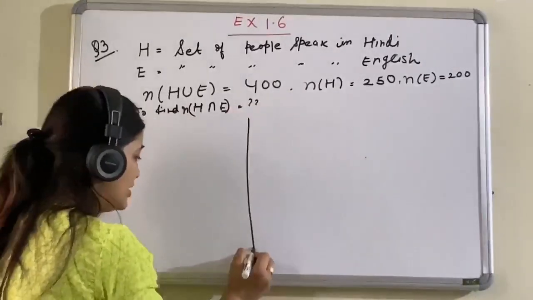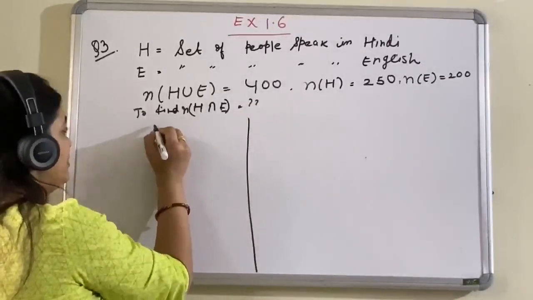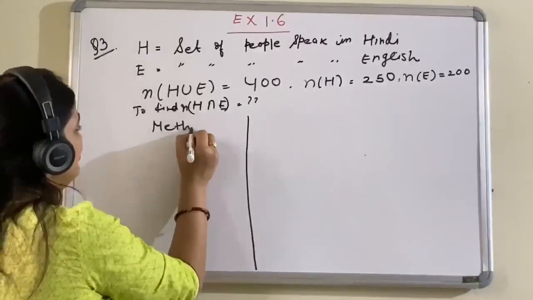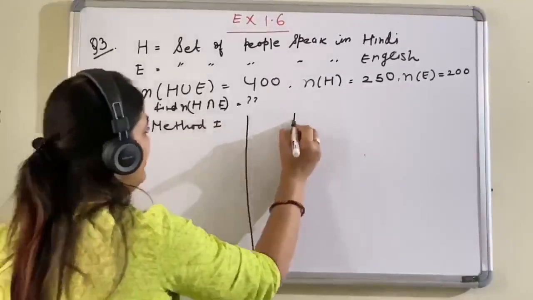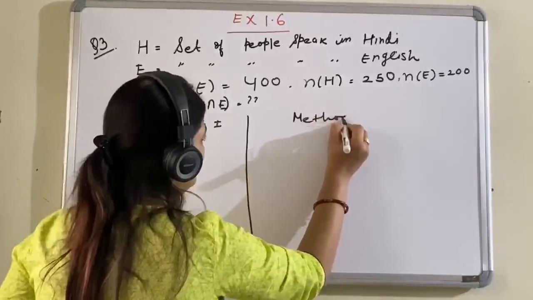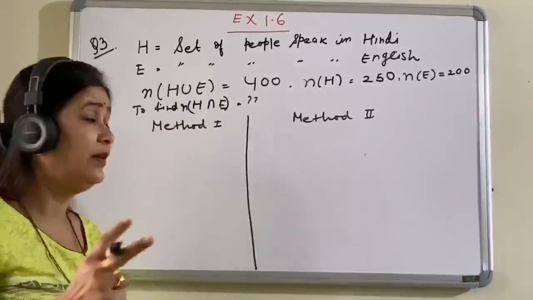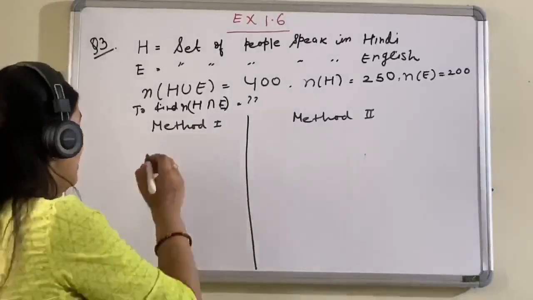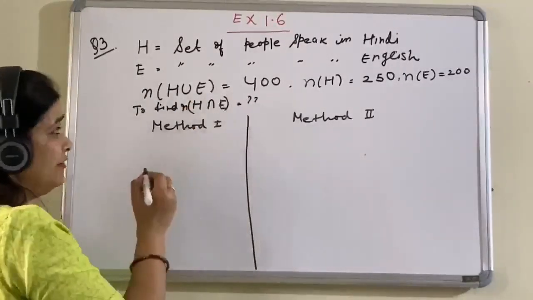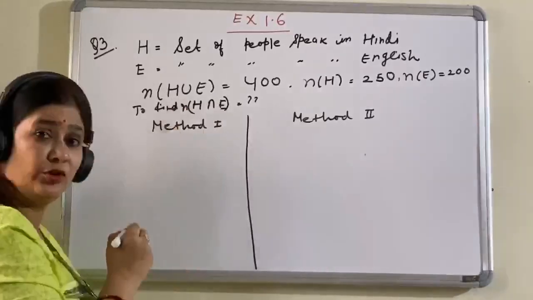There are two methods, children. Method 1 and method 2. There are two methods you can solve this question. First, n of H is given, n of E is given, n of H union E is given.